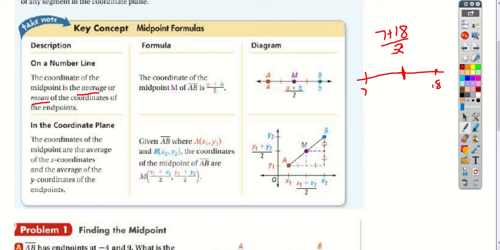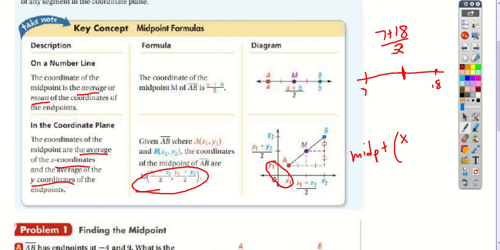Now, if it's on a graph, I have essentially two different number lines happening at once, the x's and the y's. So all I'm going to do is the average of each the x and y coordinate. The midpoint formula is just the average of the x's. We label the first point A using x1 and y1, and point B gets x2 and y2.